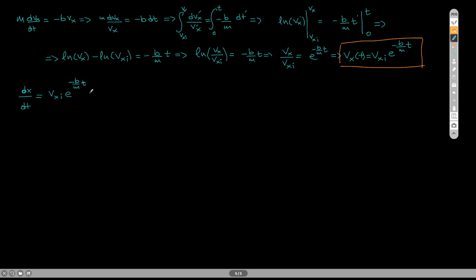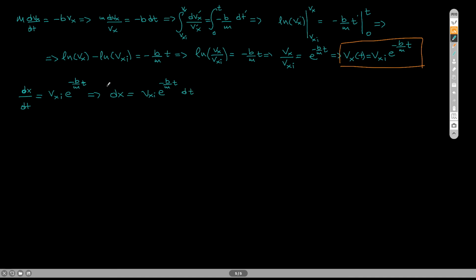And I'm going to follow a similar process as I did before. I will isolate everything about x on the left side, and everything about time on the right side. So I will have dx is equal to Vx initial e to the minus b over m time dt.